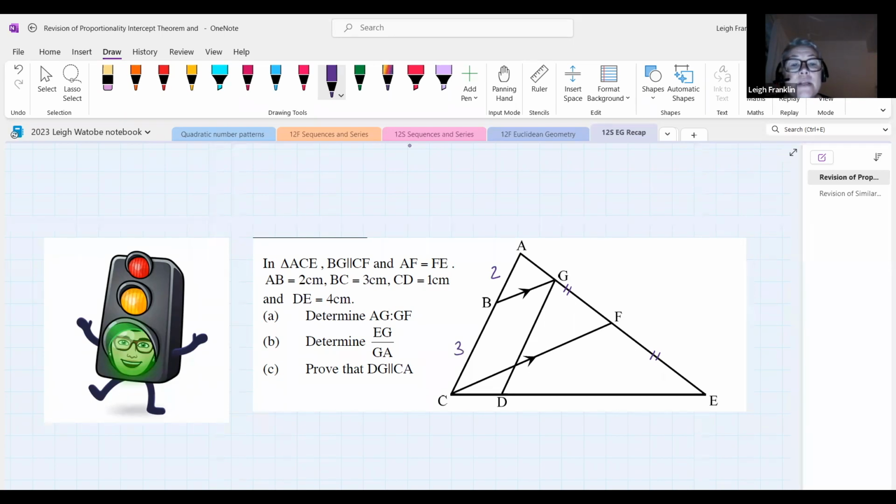BC is 3 centimeters. CD is 1 centimeter. And DE is 4 centimeters. All right, I would like you guys to try question A and B and C, please. All right, and then remember, we're not going to share any answers until we are asked to. I am going to give you, let's say 6 minutes. You may be able to do it faster than that, but let's see what happens.